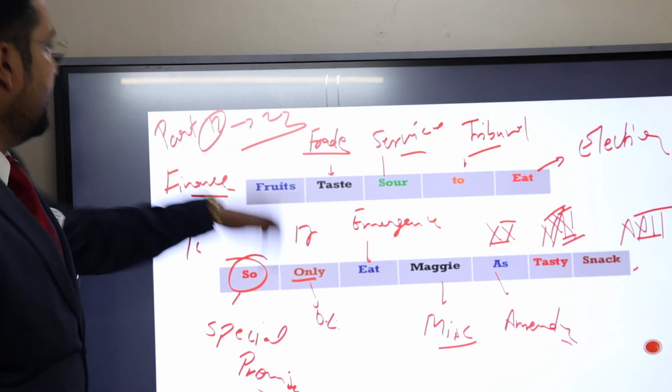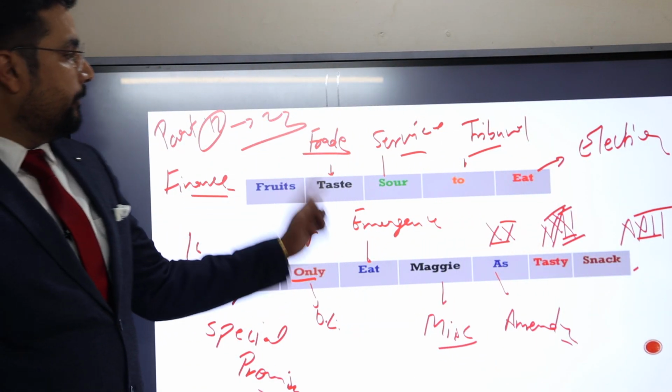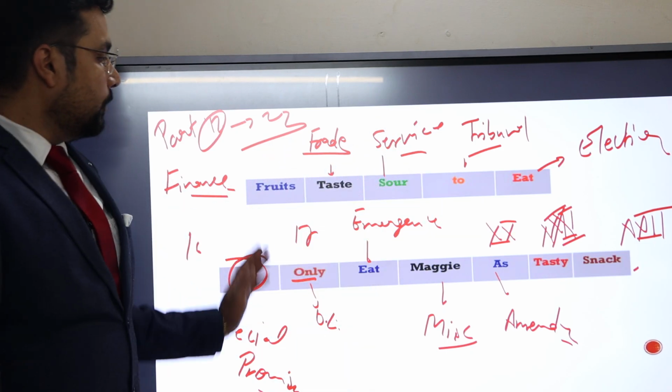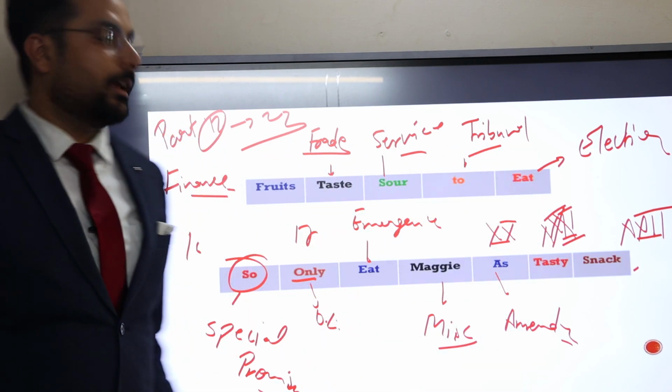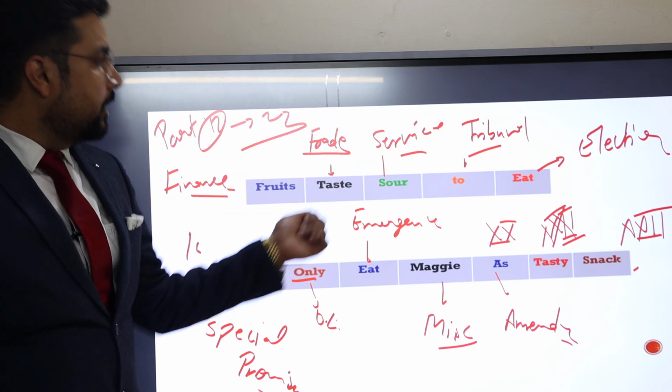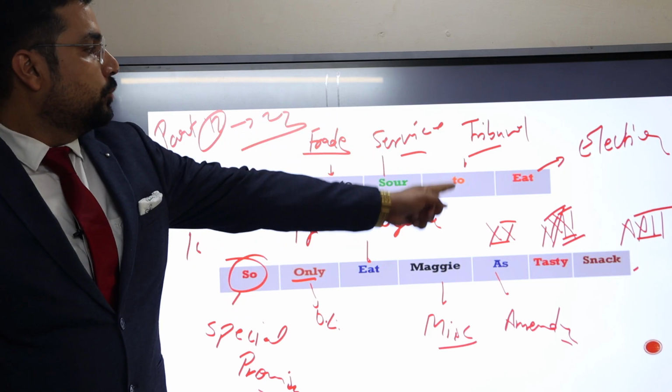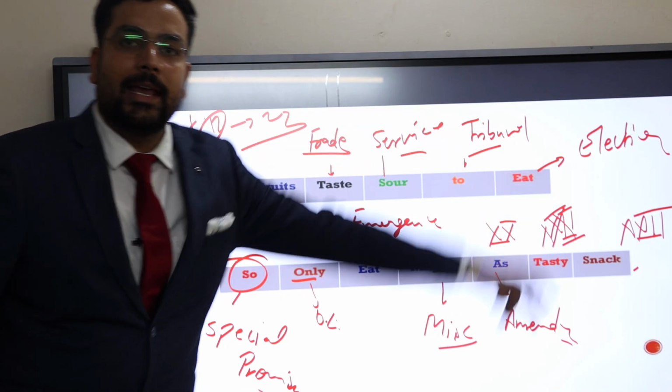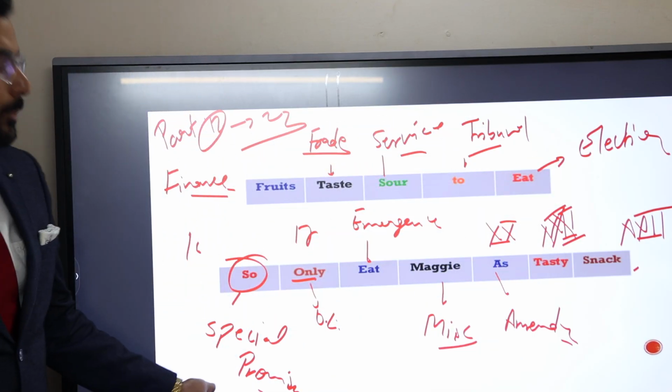For this I will repeat again. Fruits taste sour to eat, so only eat Maggie as tasty snacks. Fruit means finance, taste means trade, sour means services, 2 means tribunals, eat means election. Now here comes special provision.